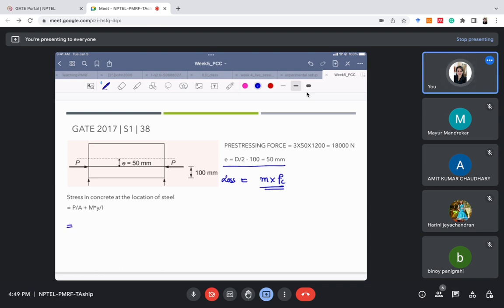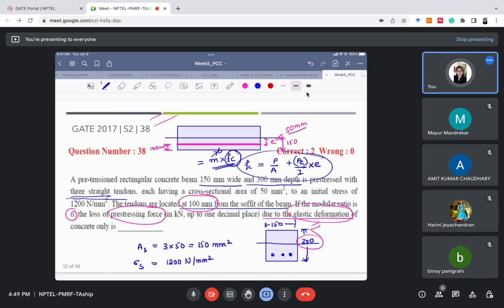What is P here? The value of P is not directly given. The stress is given and the area is given. How will you calculate the value of force now? You know that stress is equal to force divided by area. So the pre-stressing force will be pre-stressing stress multiplied by area.